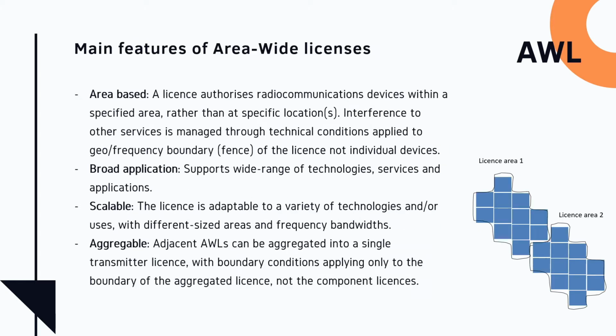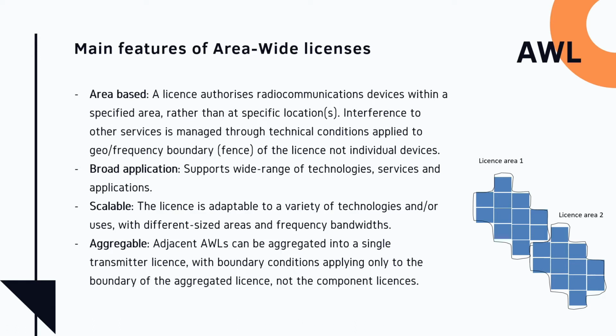Now let's talk a little bit about the features of this license. As it is obvious by now, the license is area-based, not location-based. So we're not talking about actual coordinates of a site. We're talking about the boundary, the area of multiple sites. So there is a predefined geographical boundary or a fence made of aggregated grids or cells.